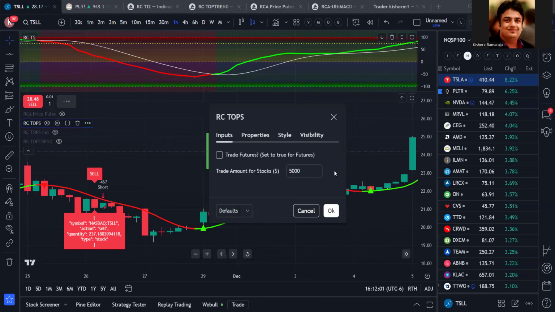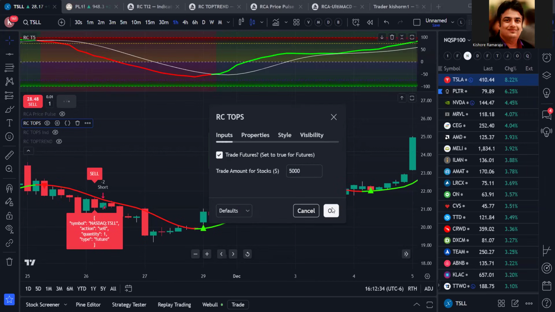You have to input whatever amount you want to use, based on your account size. If you are trading futures, you have to enable this checkbox. You can connect to prop firms, say trade futures, and it will automatically take the trades.